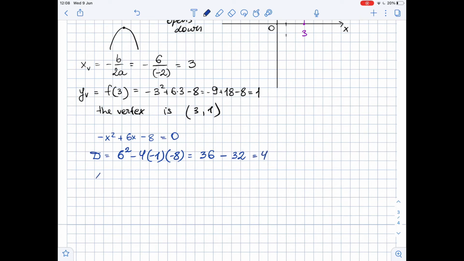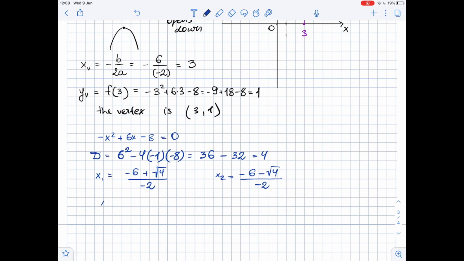Now to find the roots, so to find x, we need to take negative b, which is negative 6, plus the square root of the discriminant, over 2 times a, so negative 2. And to find the second root, we will do the same thing, but here we will have negative 6 minus the square root of the discriminant over negative 2.